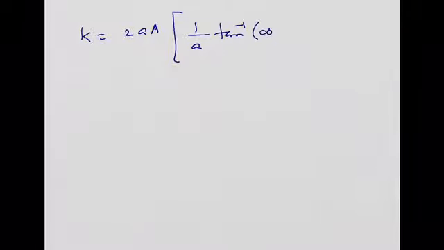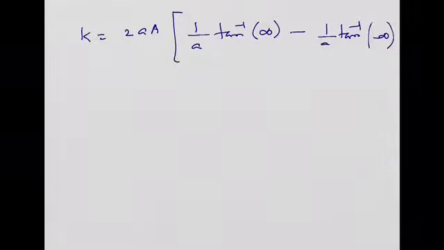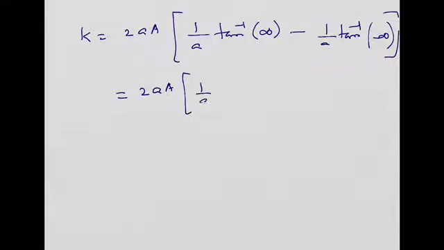So k is equal to 2a capital A multiplied by 1 by a tan inverse of, upon application of upper limit it will become plus infinity, minus 1 by a tan inverse of minus infinity upon using the lower limit. So the entire expression can be simplified as 2a multiplied by 1 by a tan inverse of infinity is pi by 2, minus 1 by a into tan inverse of minus infinity is minus pi by 2.